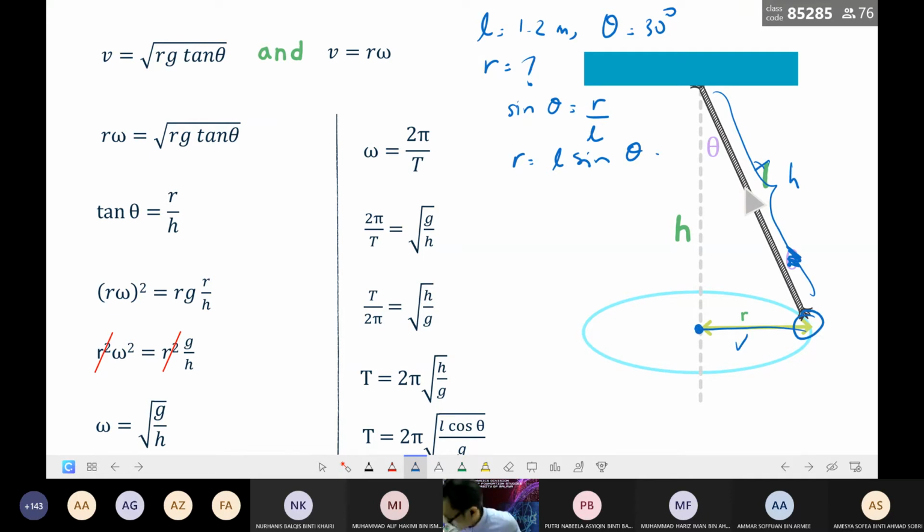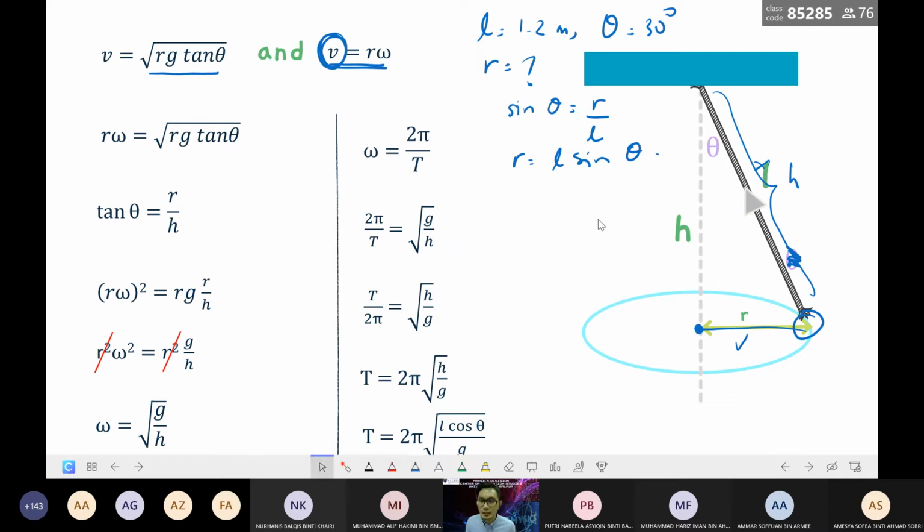Okay, second, I also want to derive how we can get the value of the period. We have derived that V is equal to the square root of RG tangent theta. And we also know that V is equal to R omega. The velocity here means what? Which velocity does this refer to?